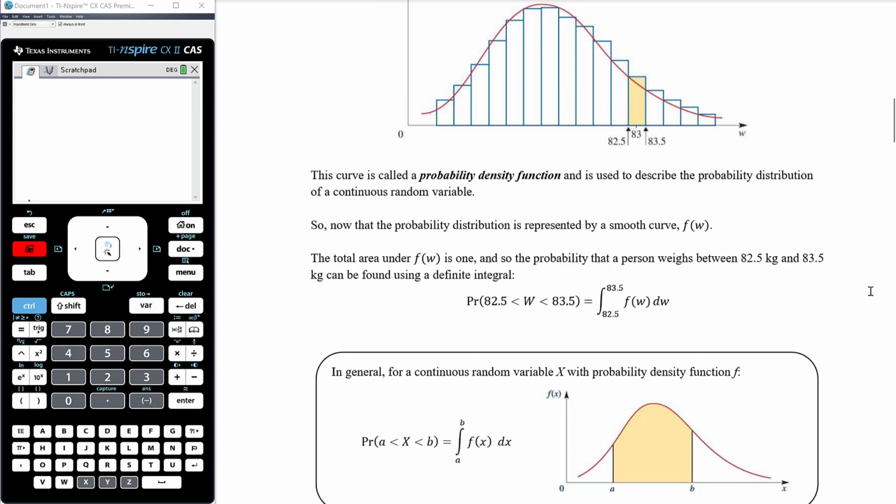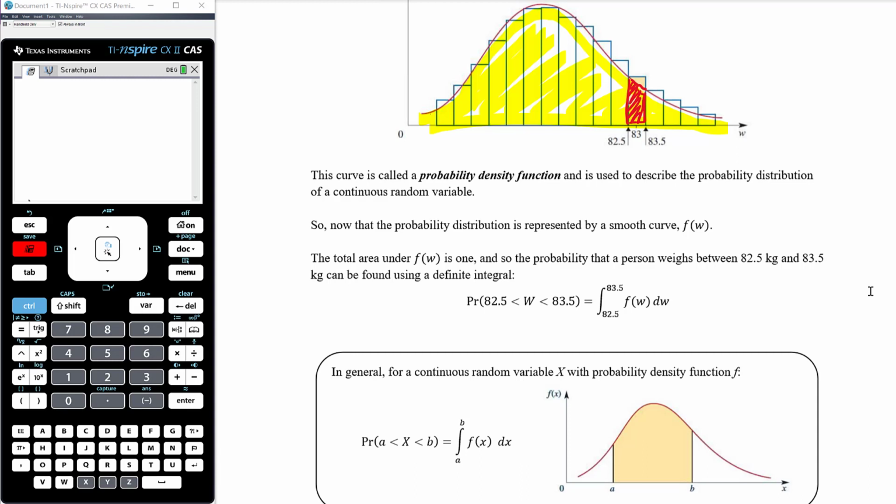Therefore, if I want to find the probability of someone weighing between here and here, I need that bit of area divided by the total area, but the total area is 1, so I just need that bit of area. And so this becomes an integration problem.